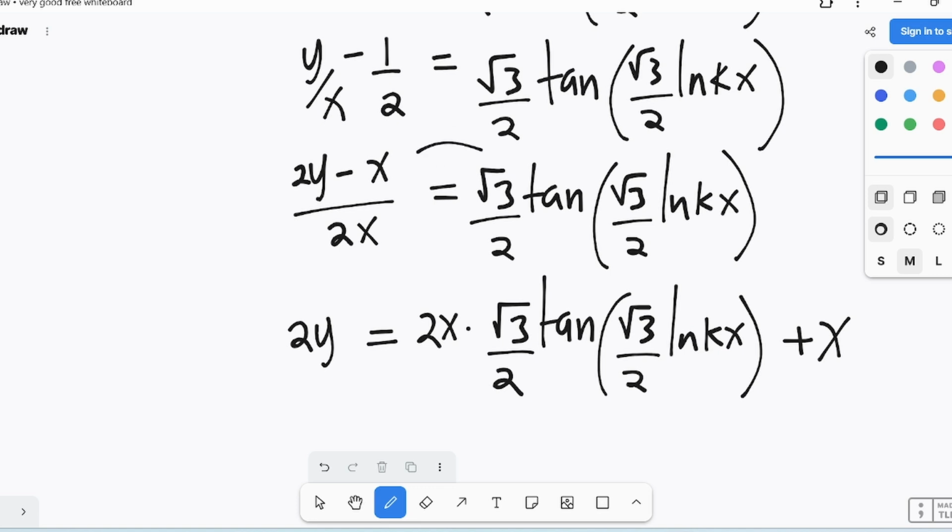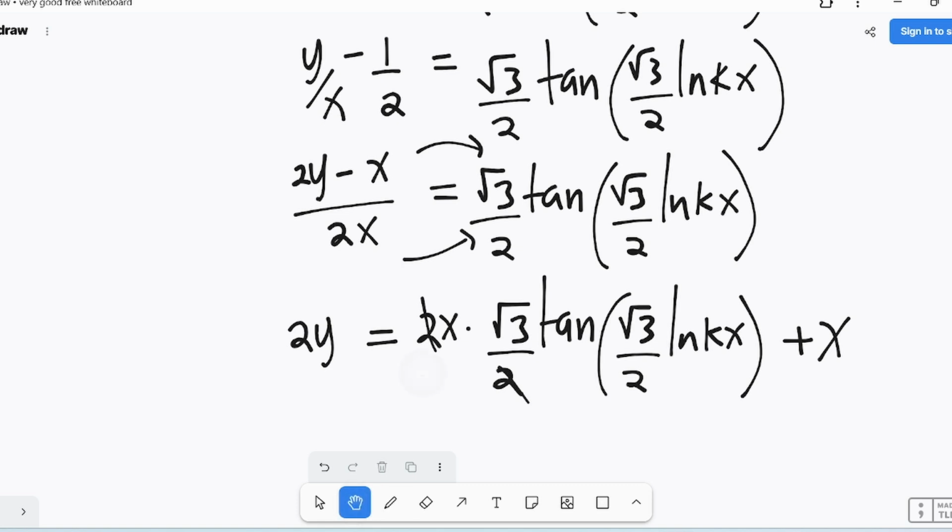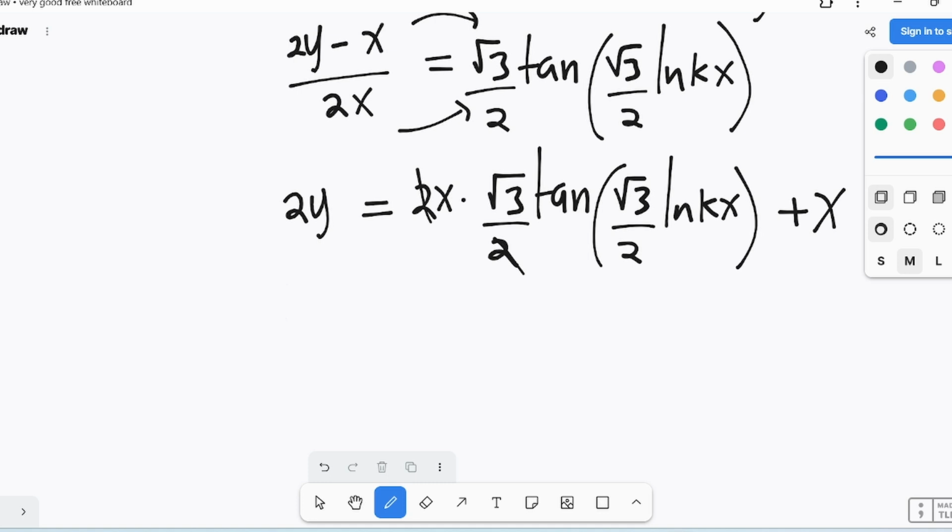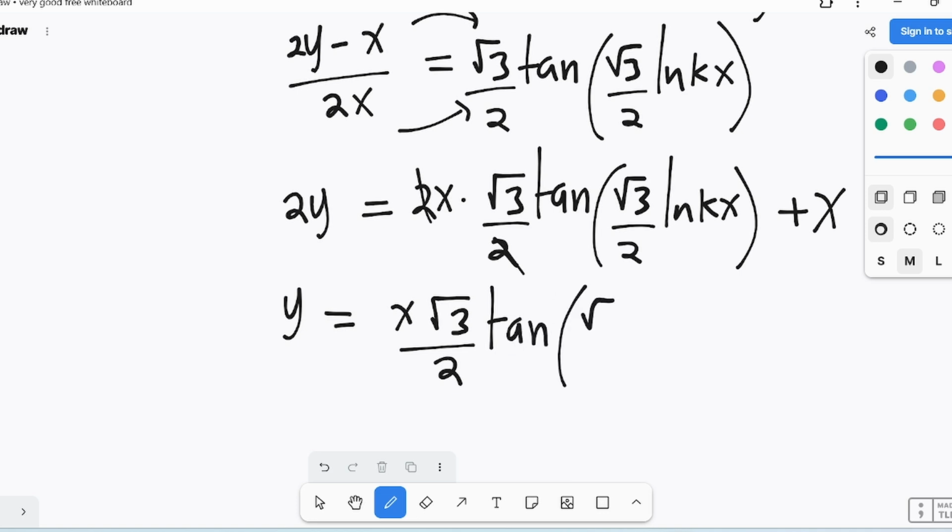Yeah, this x goes the other side, this multiplies that side, so this can cancel with that, and finally your y becomes x root 3 out of 2 tan of root 3 out of 2 ln kx, and then plus x out of 2. Yeah, x out of 2.